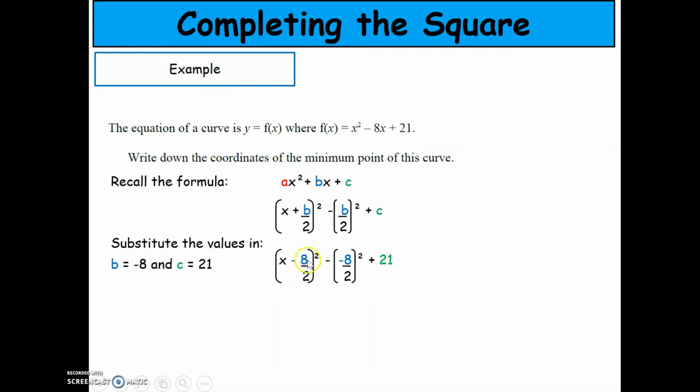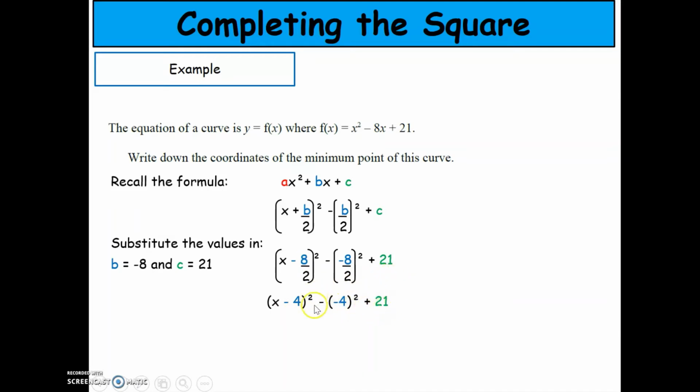So half of 8 is going to be 4. Be very careful, the value of b in this case is minus 8. So we have x minus 4, everything squared, minus 4, everything squared, plus 21.